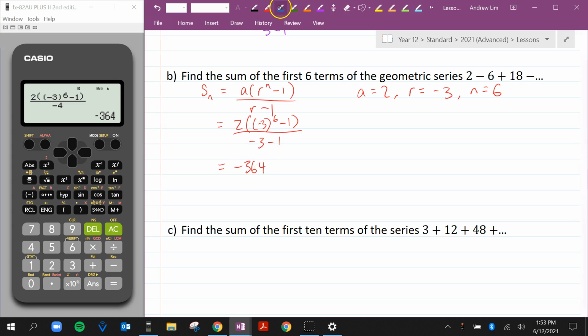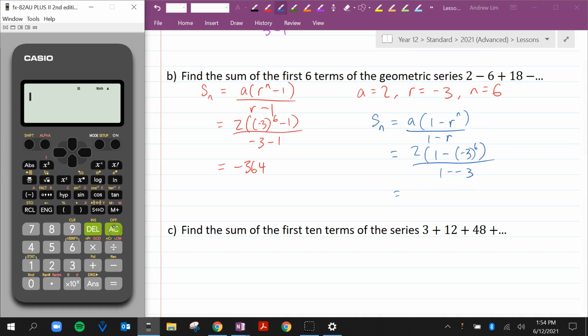Now let's say, for example, you used the other formula. S of n is equal to a bracket 1 minus r to the n over 1 minus r. We'll get 2 times 1 minus 3 to the power of 6 over 1 minus 3.